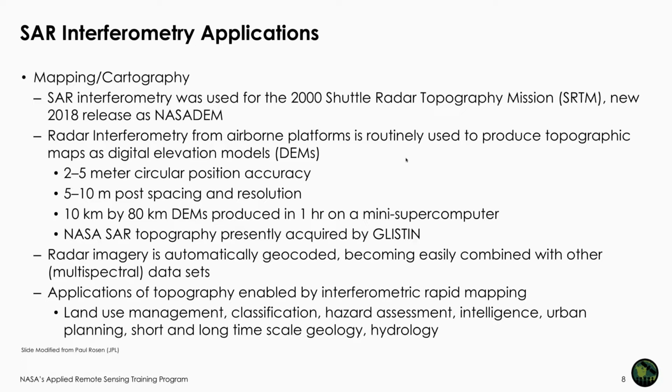And that allowed us to measure the topography of the Earth up to plus or minus 60 degrees latitude, which is the limit of the space shuttle orbit.